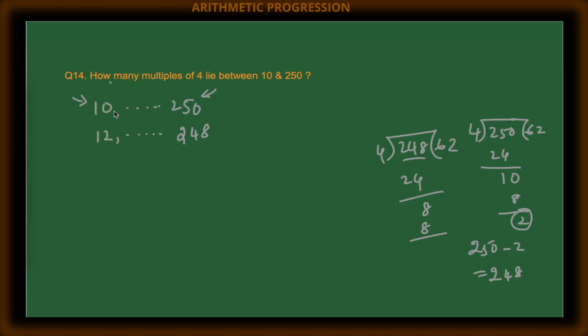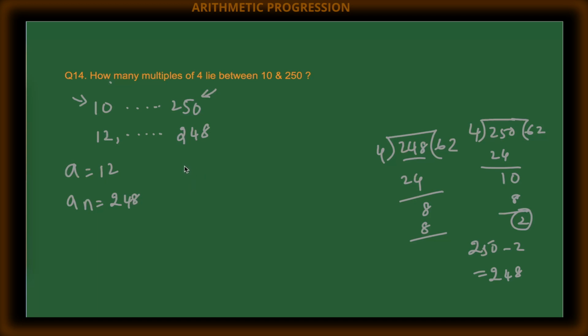One way is that, since it's a nearby number, 10 is not a multiple, 11 isn't, 12 is, so we found 12 as the starting term. Similarly, 250 is not a multiple, and we cannot go beyond 250, we should be below 250. So 248 fits in. So we got 12 as the first term, and the last term is 248.